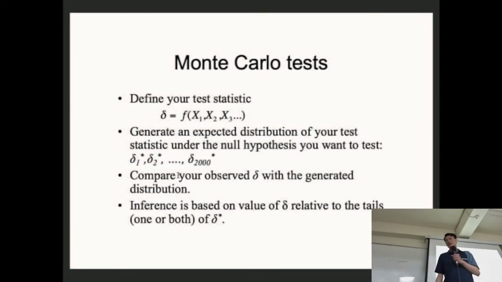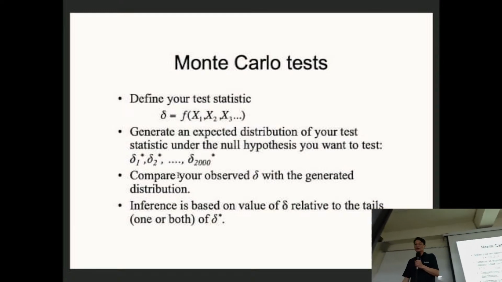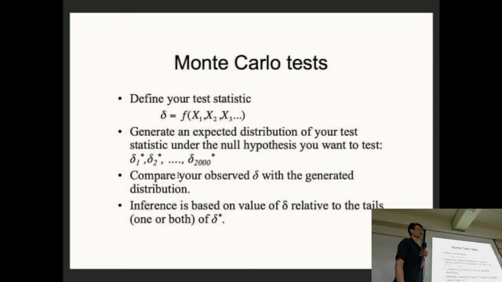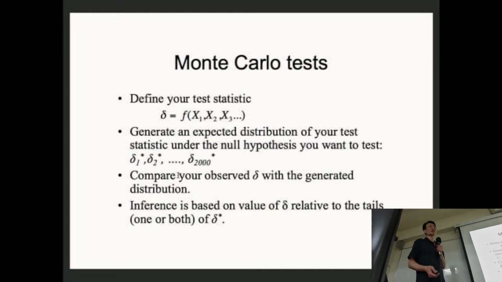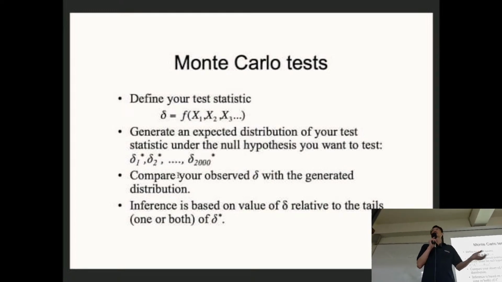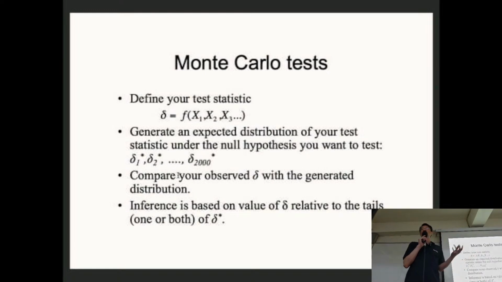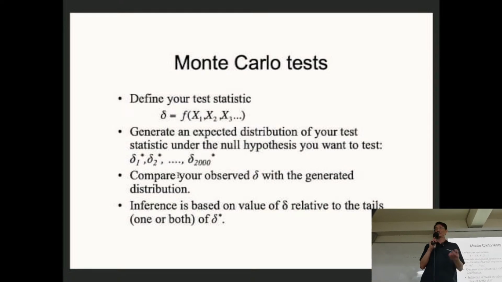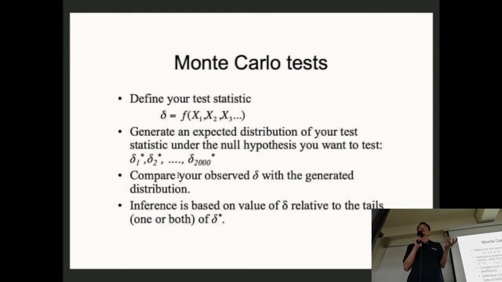The final topic before we start is called the Monte Carlo test. Monte Carlo test is a kind of randomization. Previously, in the randomization test, we randomized the data to create the null distribution. The Monte Carlo test is a parametric randomization test, the parametric version of the randomization test.